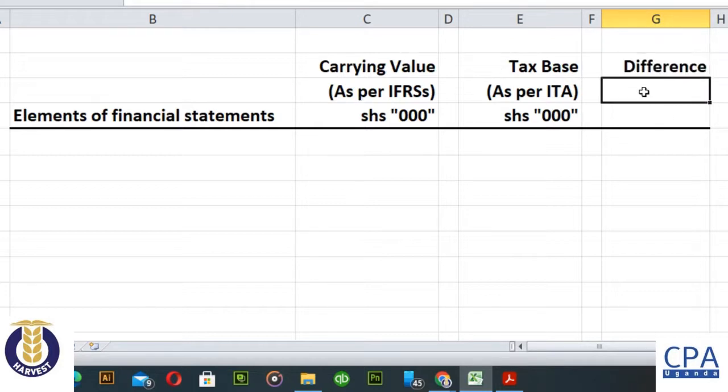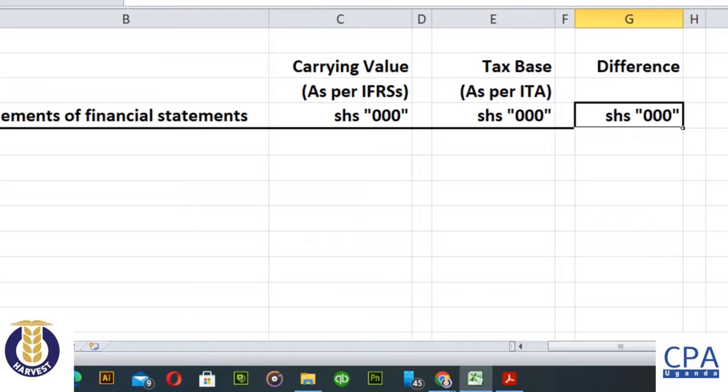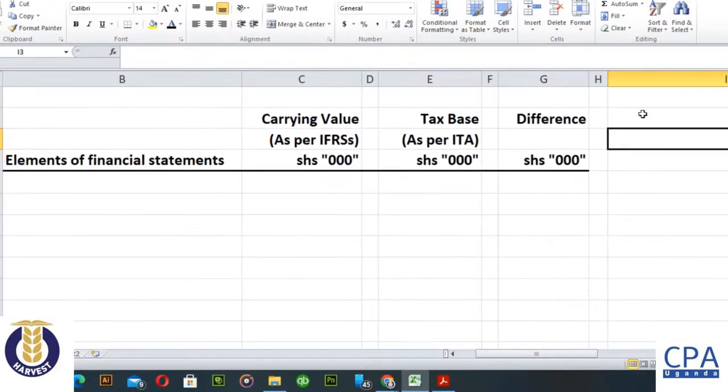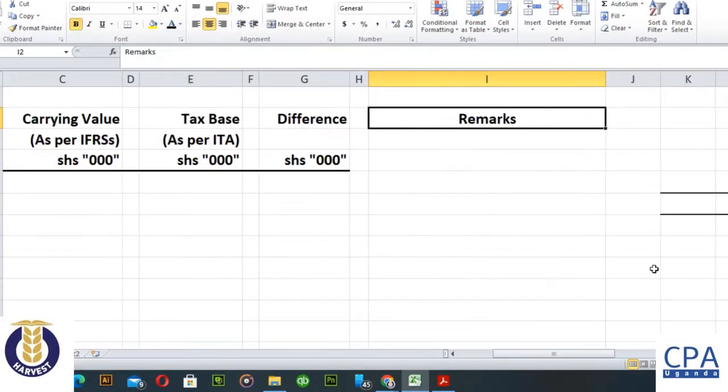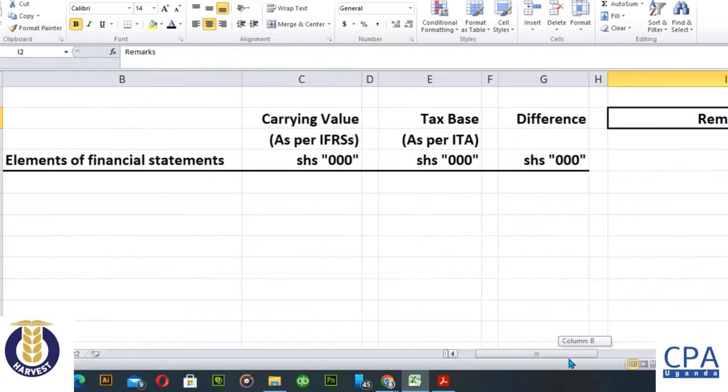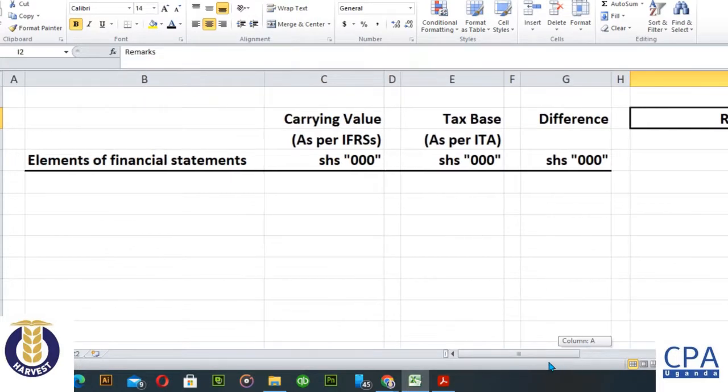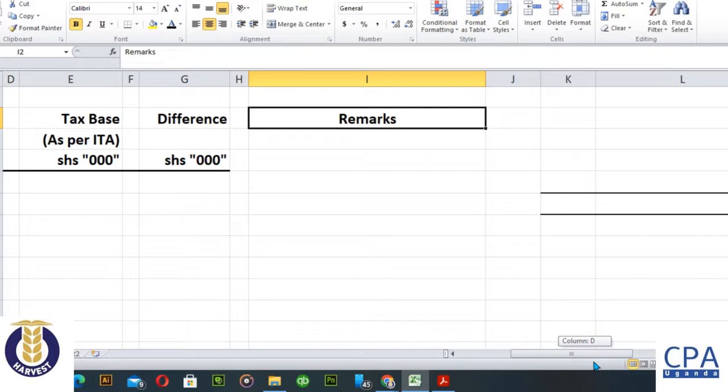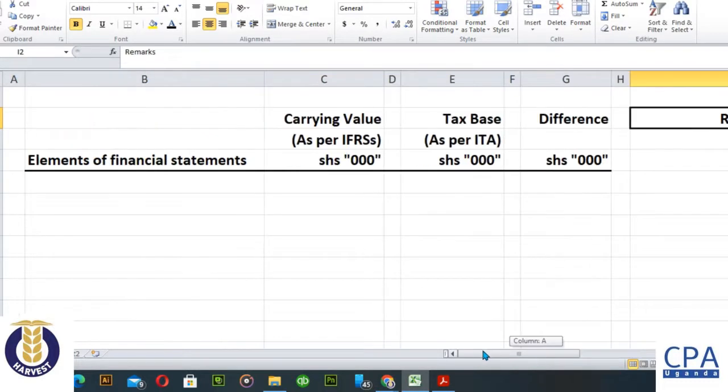We are going to capture the difference in the third column, and then for explanatory purposes, we shall be giving remarks, the reasons why we are treating some of these items the way we shall be treating them. So the remarks are going to be in this other column.